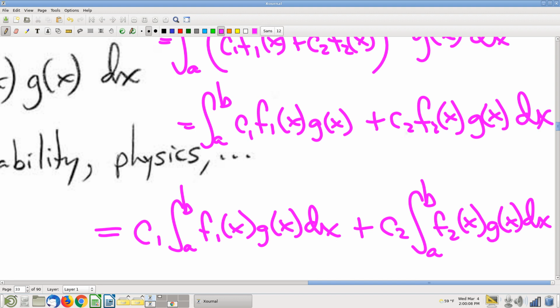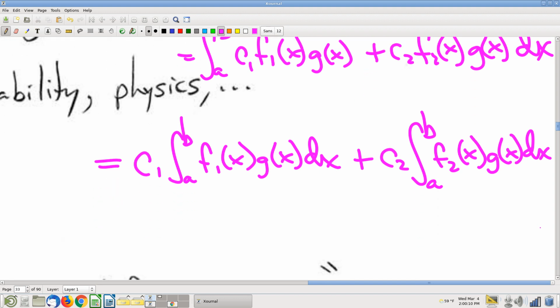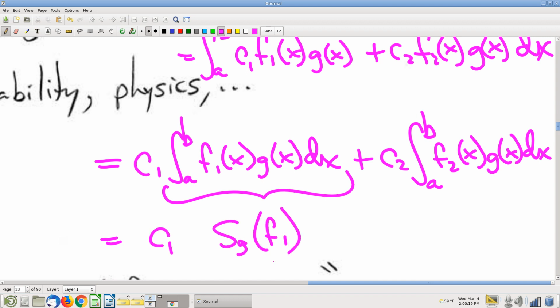And lo and behold, check it out. That is exactly S_g of F1. And that is exactly S_g of F2.